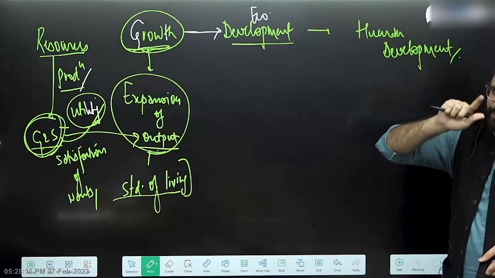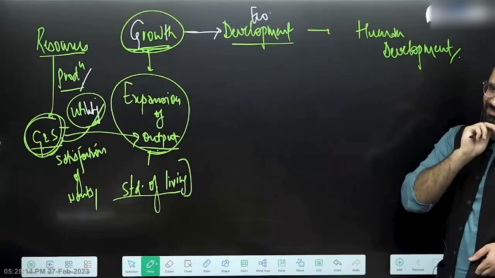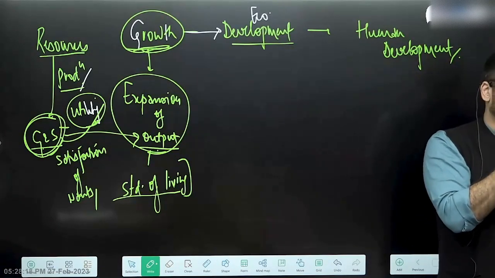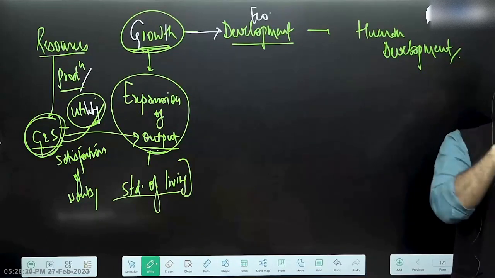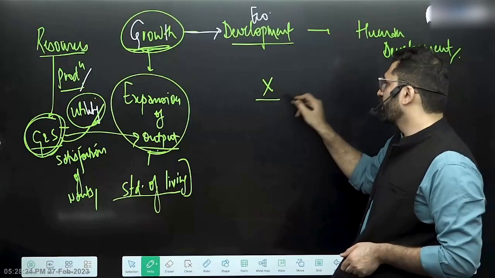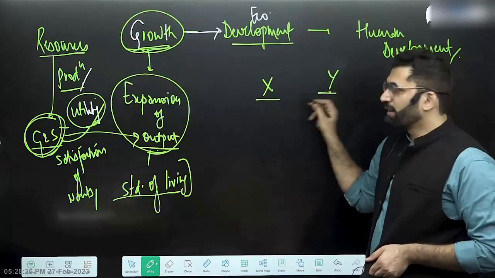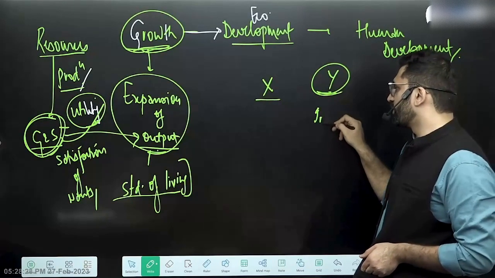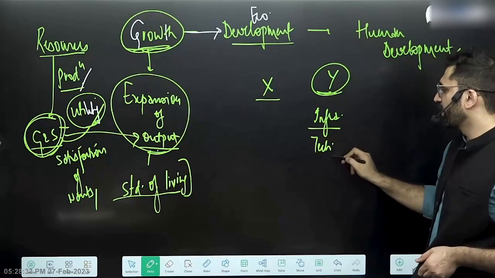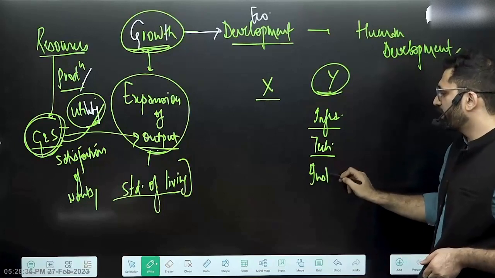Sabka saath. Technology. Yes, now we are talking. Growth and economic development are related to technology. For example, country Y has a good level of infrastructure, good level of technology, and its institutions are well developed.